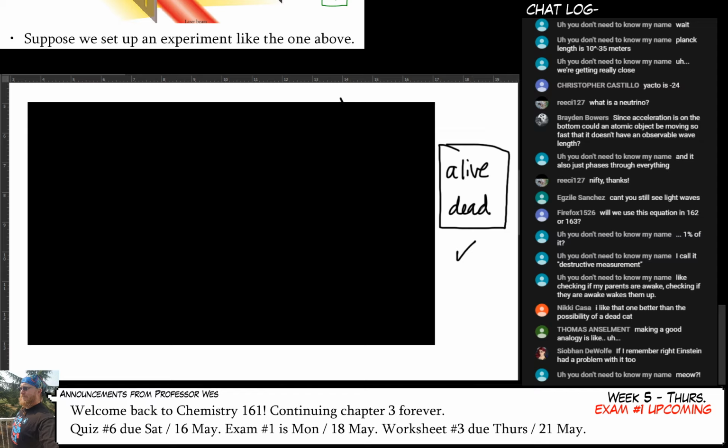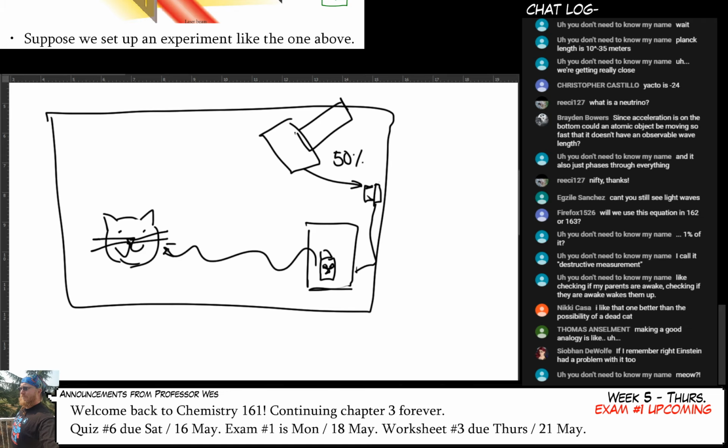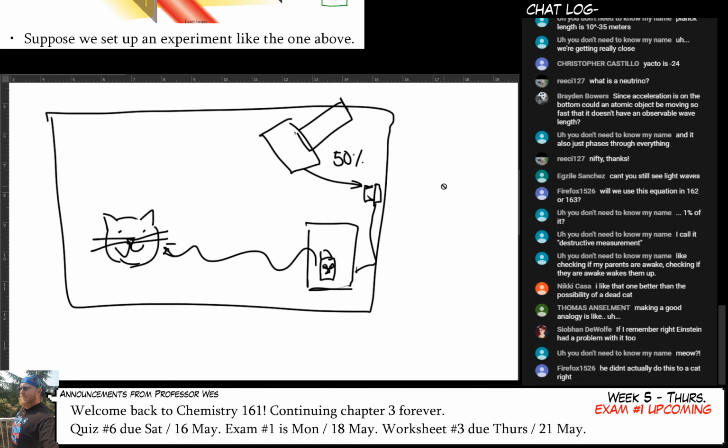But the second that I open the box, boop, now I have gained information that changes the outcome. No, you can't do this to a cat because this is a thought experiment. So now that I've opened the box, I know that this is true.